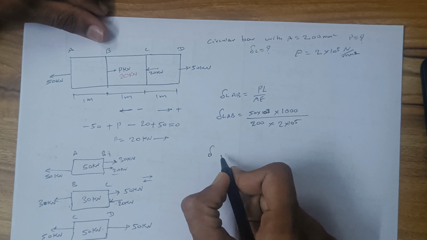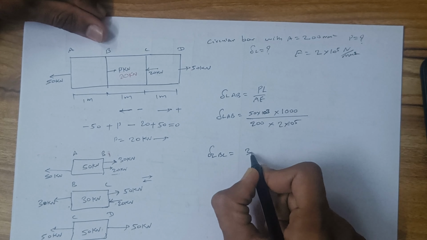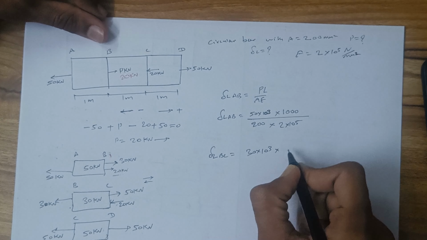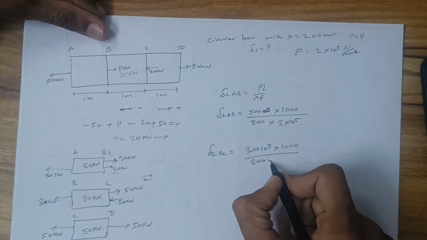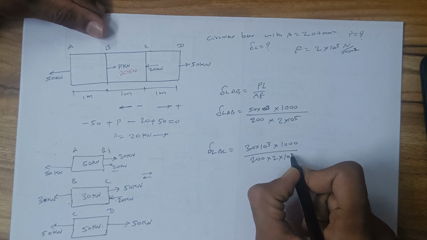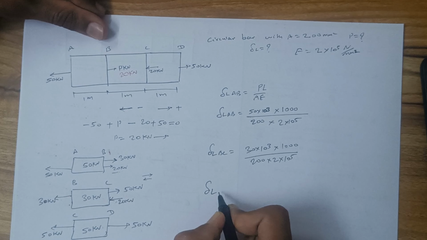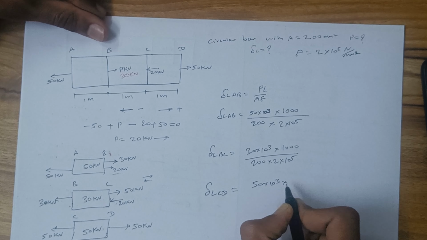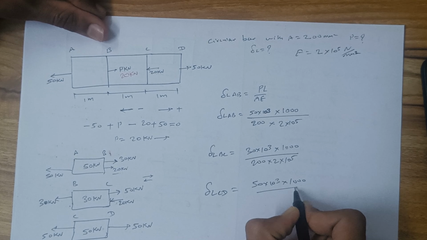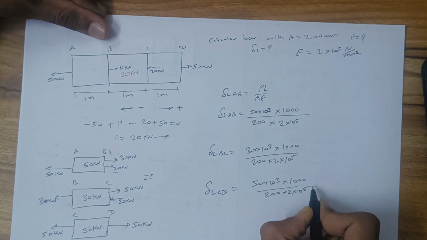Now delta L BC is equal to 30 into 10 raised to 3 into length 1000 upon area 200 into E, 2 into 10 raised to 5. Delta L CD is equal to 50 into 10 raised to 3 into length 1000 mm, and area is 200 mm square and E is 2 into 10 raised to 5 Newton per mm square.